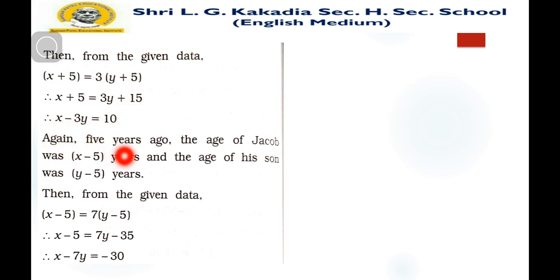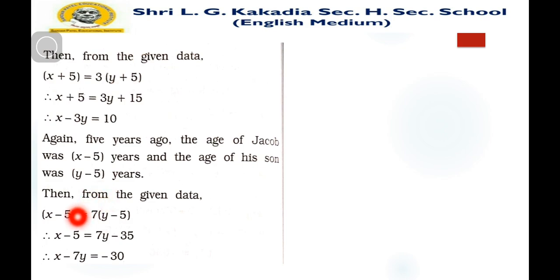Again, 5 years ago the age of Jacob was x minus 5, because we have to subtract 5 years from the age of Jacob, and the age of his son was y minus 5 years. Then from the data we get x minus 5 is 7 times (y minus 5), means 5 years ago the age of Jacob is 7 times the age of his son at that time.